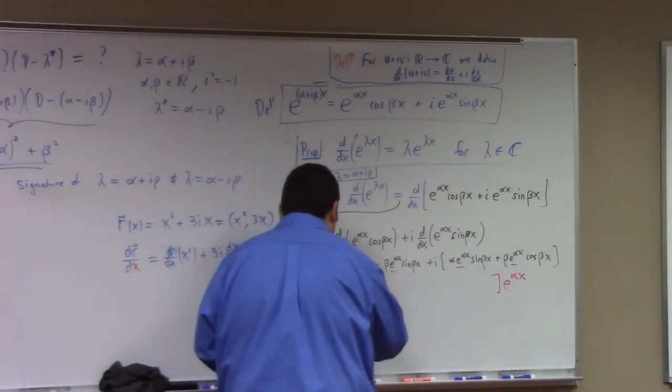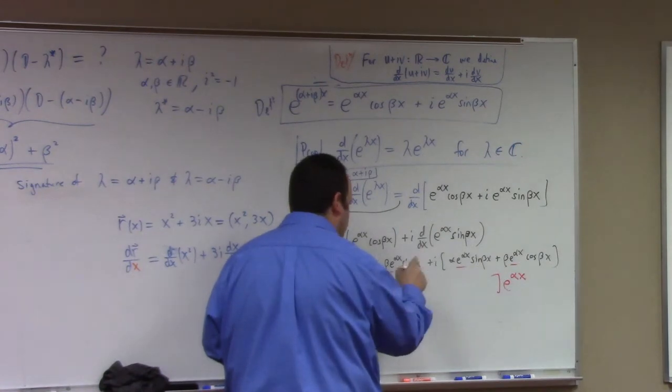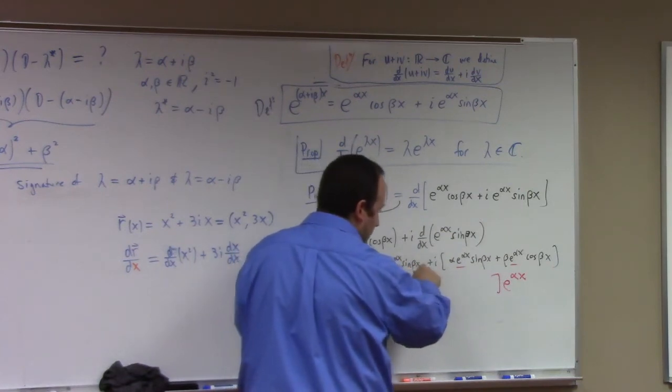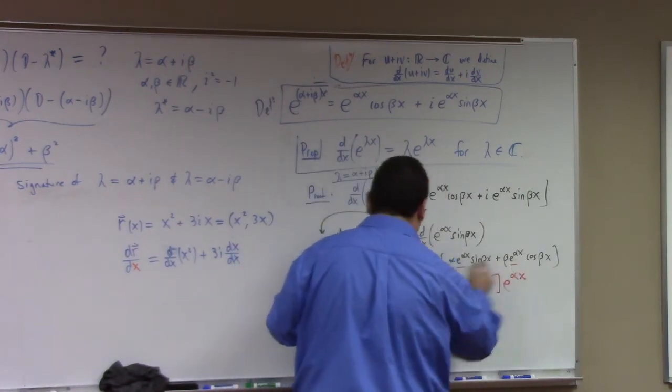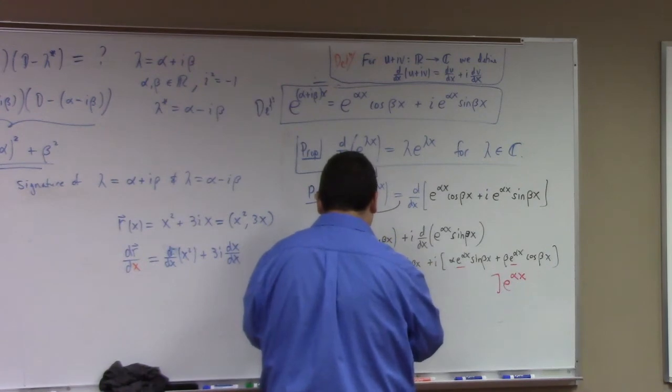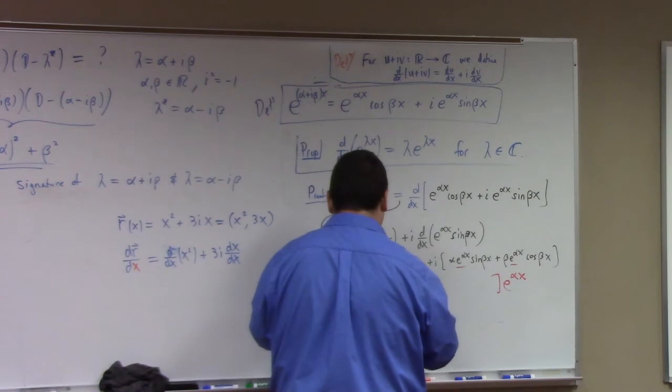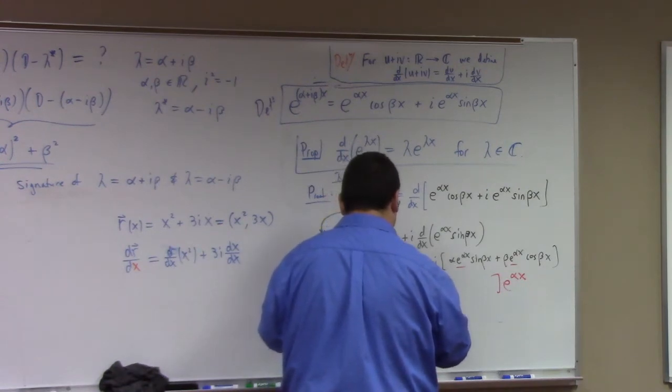We've got alpha. Let's group the cosine beta x terms, right? So we've got alpha from this one. Where else do we have cosine beta x? Over here, right? So alpha plus i beta times cosine beta x. And let's see here.